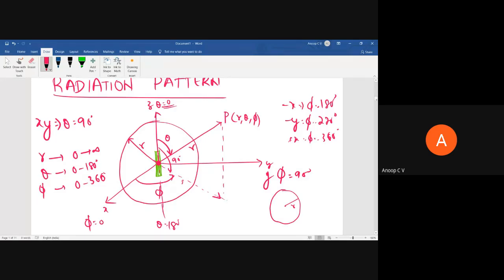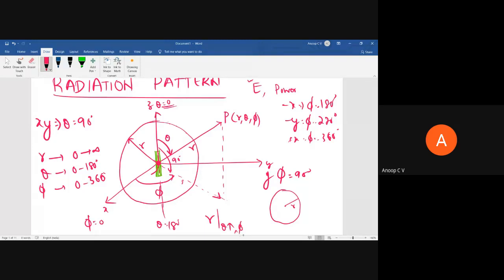Now, by keeping the antenna, if it is a dipole, at the origin, I am going to travel over the sphere with some field measuring device. I can measure either electric field intensity or the total power at each and every point on the sphere, which means I am fixing r, and theta varies and phi varies.